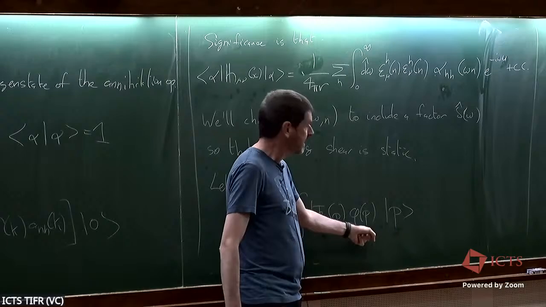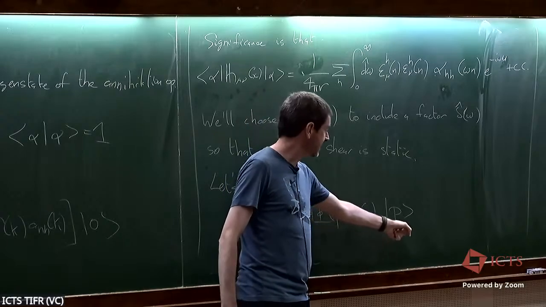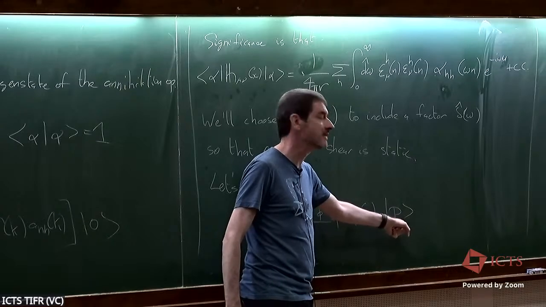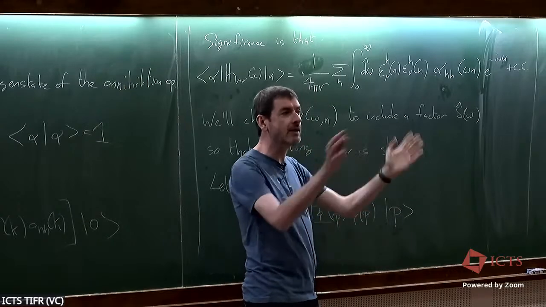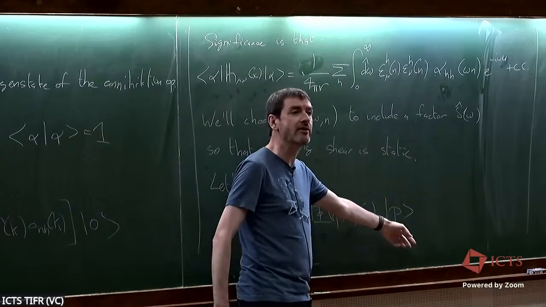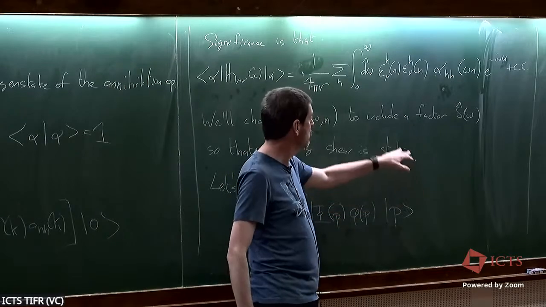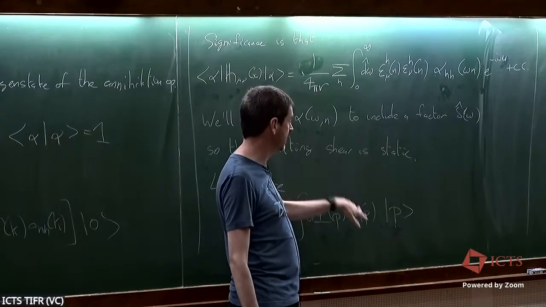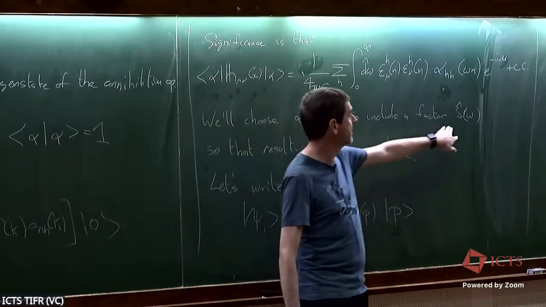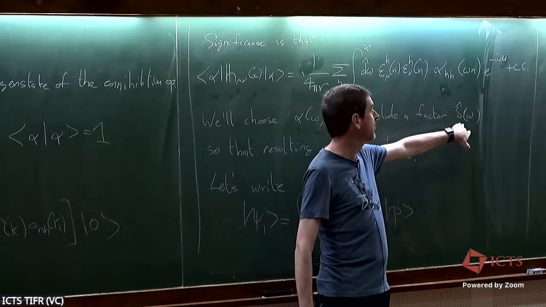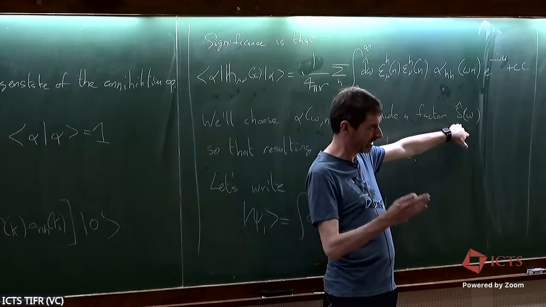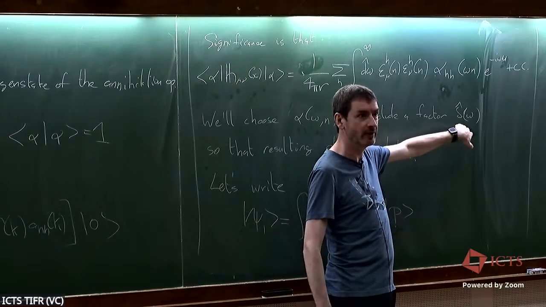Now, the state p has some mass, some energy and momentum. When I dress it with some gravitons, I don't want to mess with the amount of mass I've already put in here. So you want this dressing factor to not contribute to the energy and momentum of this particle. So this is another reason for putting in this factor delta of omega here. You should really think about this as not being a delta function at zero frequency, but small.